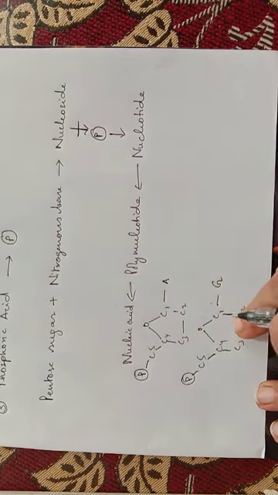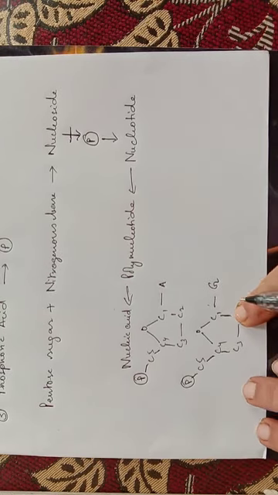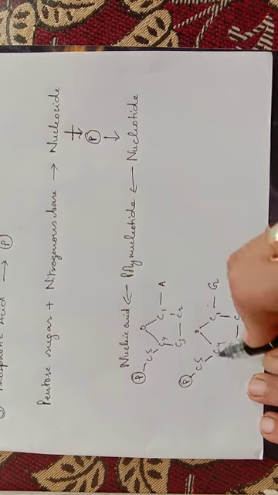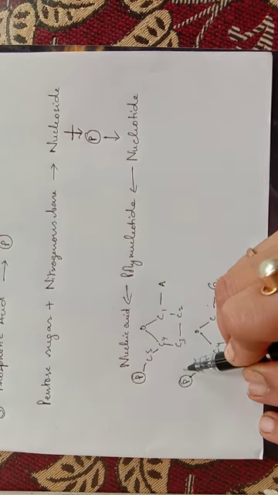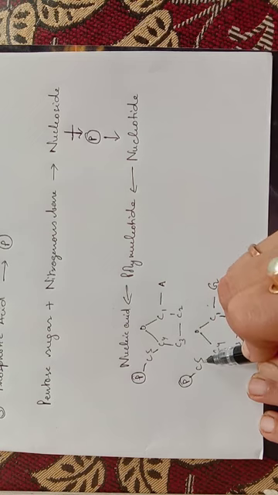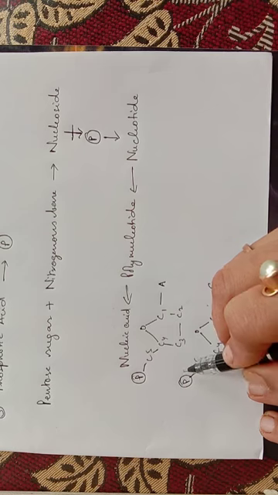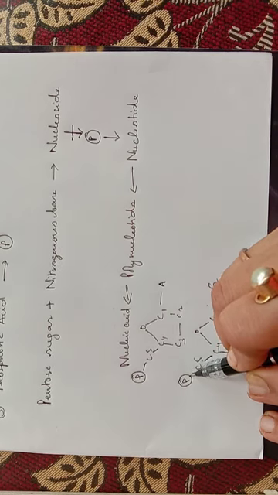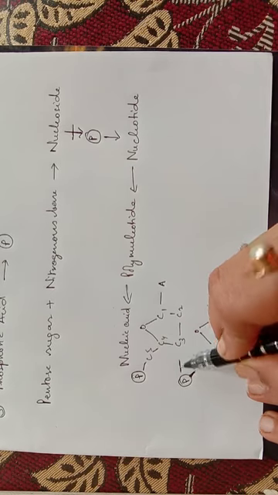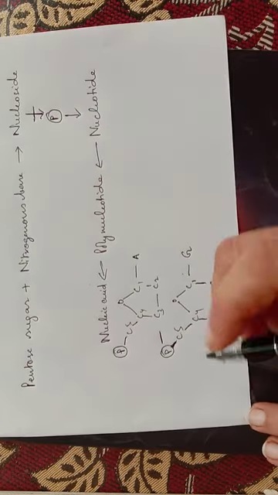Now I want to join the two nucleotides, and in this way the polynucleotide chain will be formed. The two nucleotides join at this position: the carbon 3 position of one nucleotide and the carbon 5 position of the other nucleotide, through the phosphate, which will form two ester bonds. This is one ester bond and this is one ester bond, and they will join the two nucleotides.